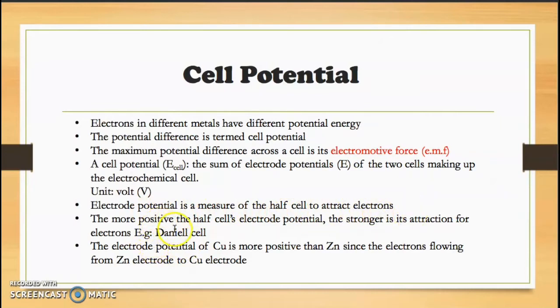The more positive the half cell's electrode potential, the stronger its attraction for electrons, such as in the Daniell cell. The electrode potential of copper is more positive than zinc, since the electrons flow from the zinc electrode to the copper electrode.